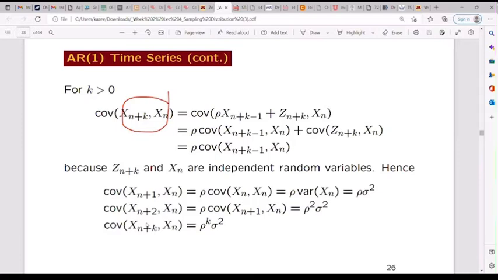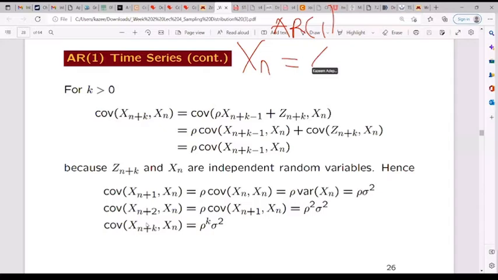If they are k lag apart, we want to find the covariance of that. Don't forget, your Xn is an autoregressive model of order 1, which is Xn minus 1 times rho plus Zn.